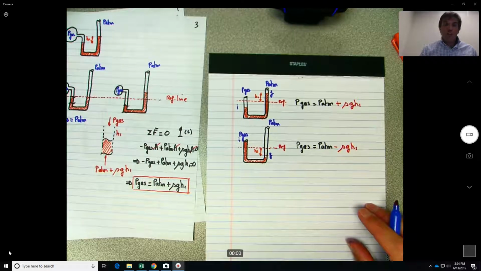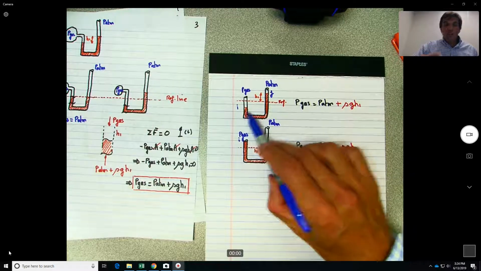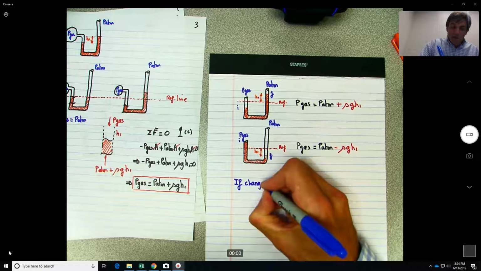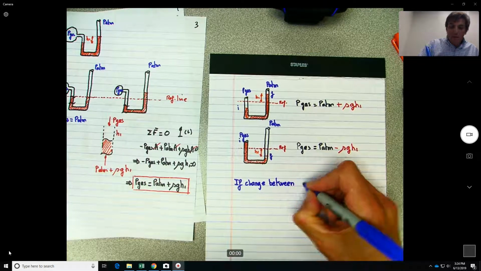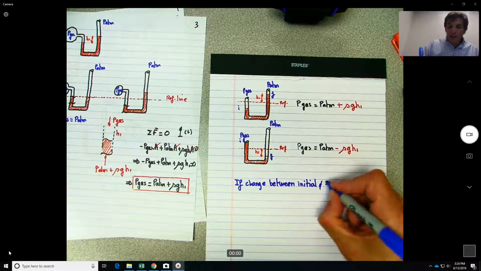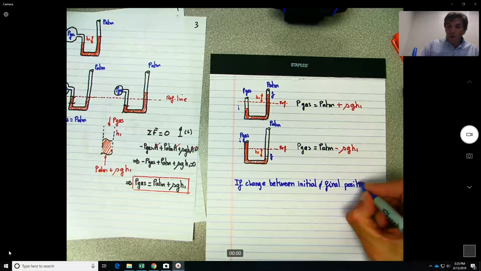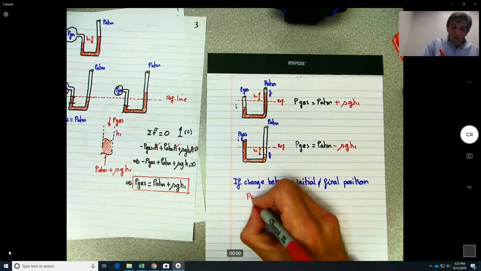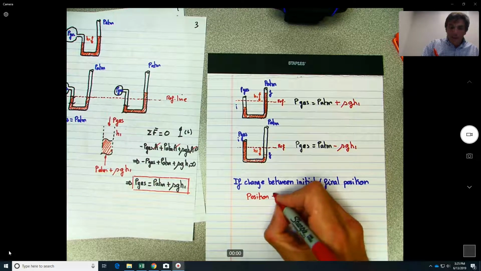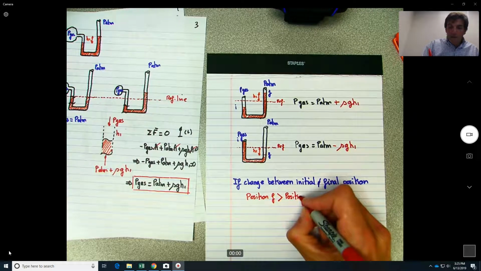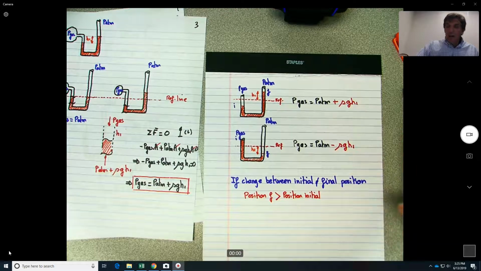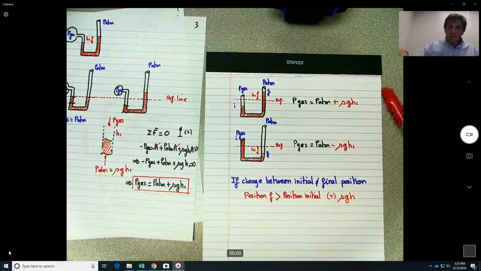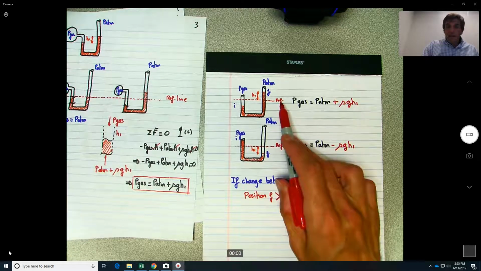So if there is a change between the initial and final position of the fluid, so we say that if the final position is higher than the initial position, you need to add the rho g h, whatever the fluid is doing. So this is with respect to the reference line, okay? Higher with respect to the reference line.